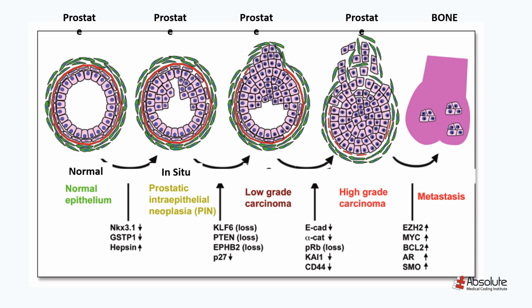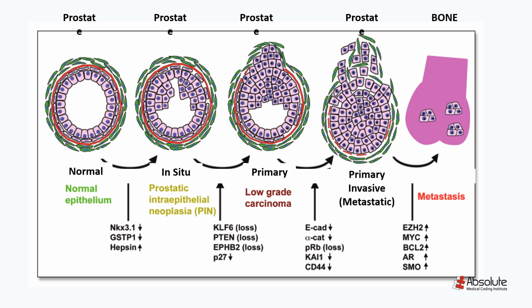Now, the next image, this is definitely primary cancer. You see the epithelial cells kind of moved from the cell and start to form a tumor. And this is about maybe stage 2 and 3 cancer of the prostate.